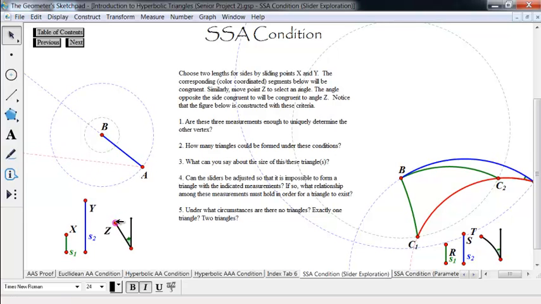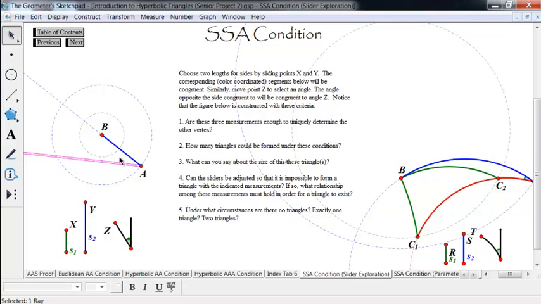So we start by making our angle. That gives us this angle here at A. Slider Z then is going to control the length to get to point B. Now, then side 1 is the radius, is how far we're going to get for the other side. So we know point C has to satisfy two things.